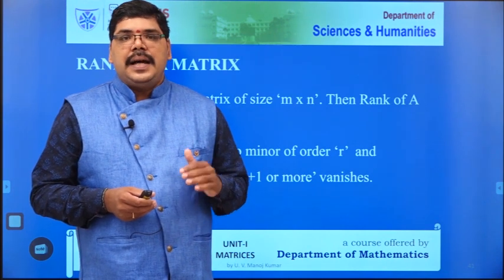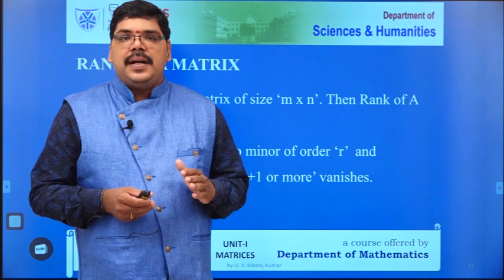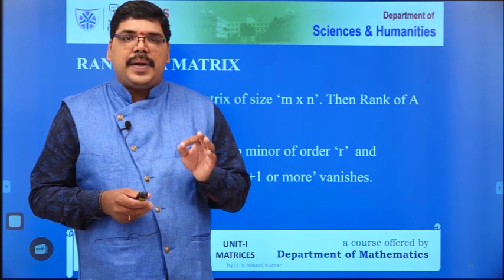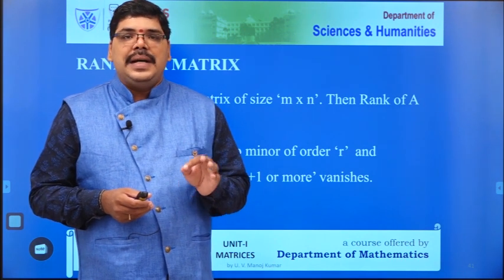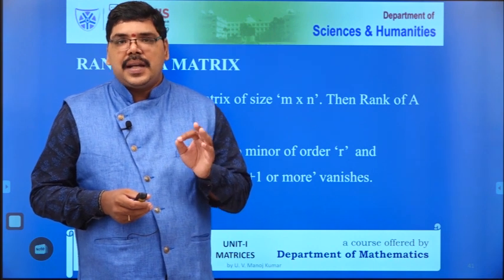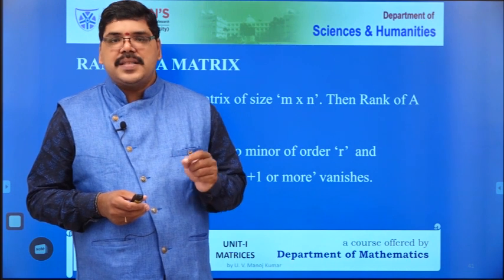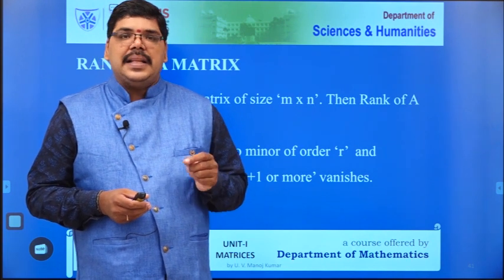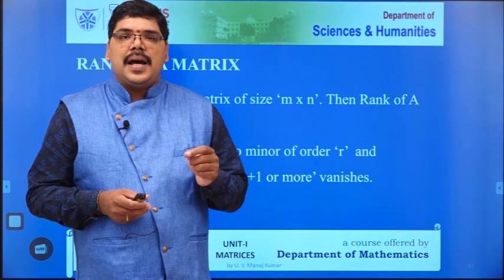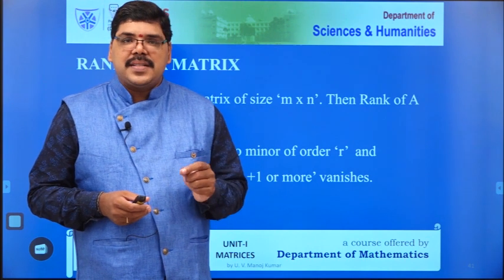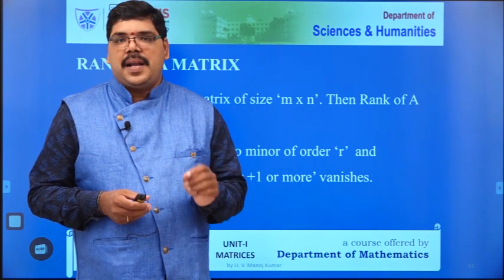That means rank is 3 if the highest order of the non-zero minor is 3. So, the alternative way of defining rank of a matrix is: rank of a matrix is r if the highest ordered non-zero minor of the matrix is of size r.